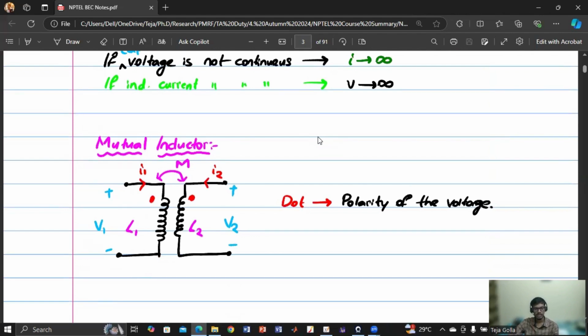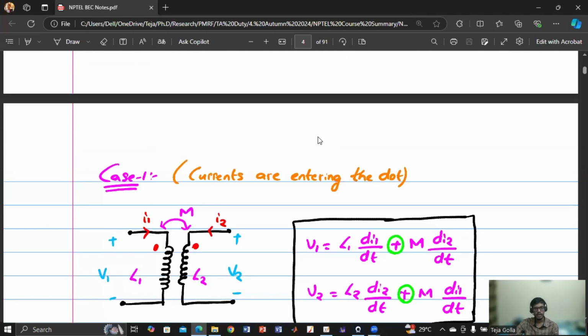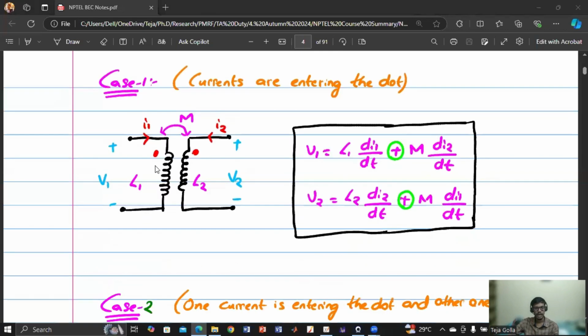We saw that there is something called dot polarity. If the currents are entering the dots in both cases, and the mutual inductance is M, then we have a plus sign. The voltage induced across a coil has two terms: one because of the self-inductance and the current flowing through that coil, and one because of the mutual inductance and the current flowing in the other coil.